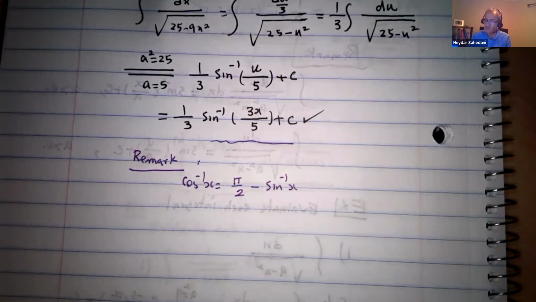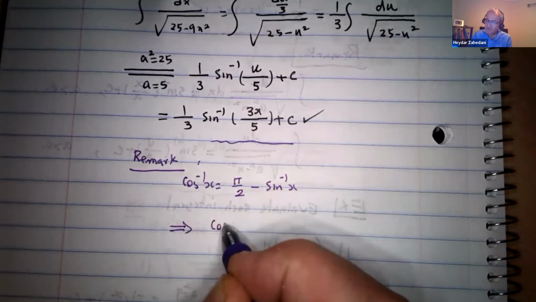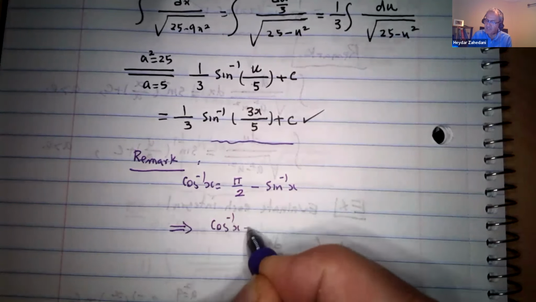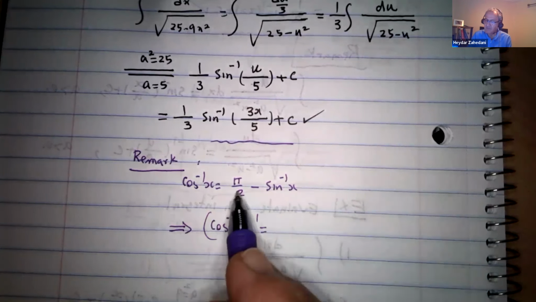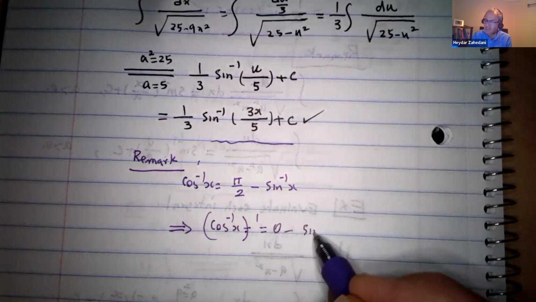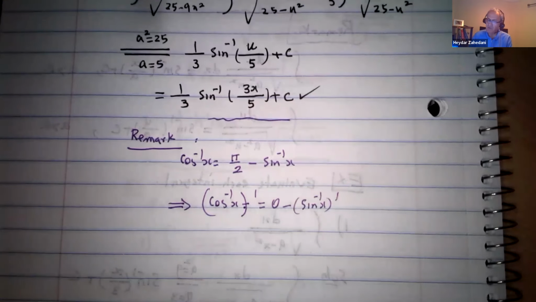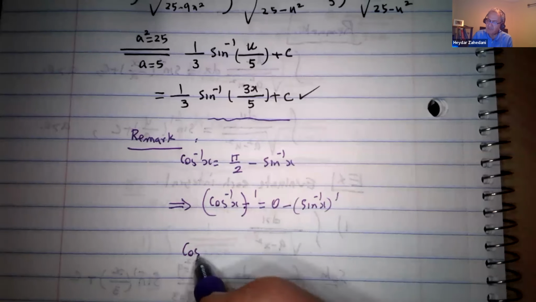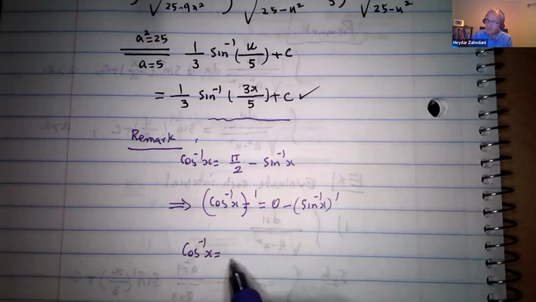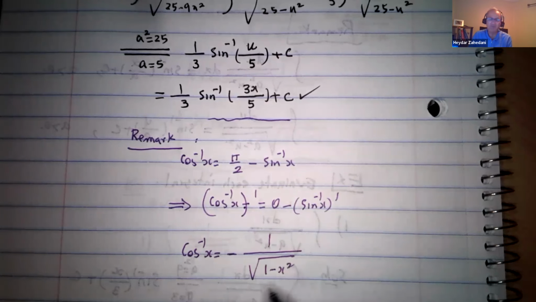So if you want to find the derivative of cosine inverse of x, the derivative of pi half is 0, and it's going to be minus the derivative of the sine inverse. So the derivative of cosine inverse of x is minus 1 over the square root of 1 minus x squared. You see?